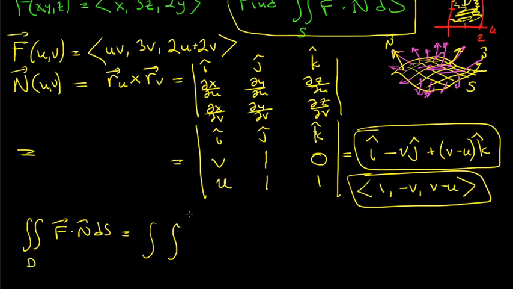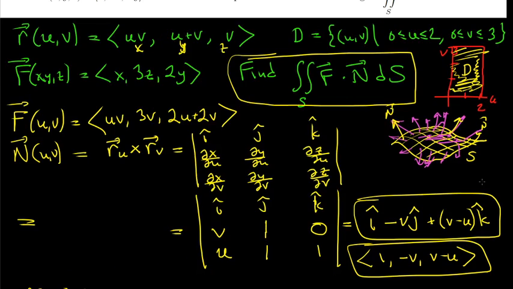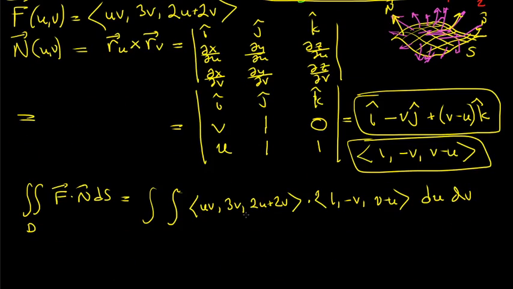F is the vector field uv, 3v, 2u plus 2v, and n is the vector we just found, 1, negative v, and then v minus u. We're just integrating du dv, or dv du. u goes from 0 to 2, and v goes from 0 to 3.